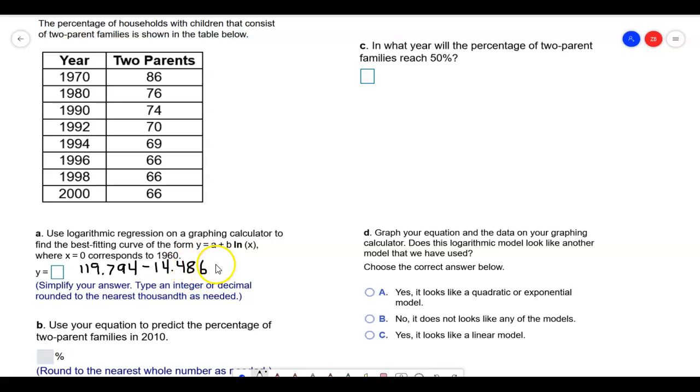And then I'm just going to put natural log, so ln. When you type in ln in MyMathLab, it automatically darkens that ln because it knows it's the natural log. Then I'm going to do open parentheses, type in x, close parentheses, and that's it. Hit enter, and it should take this equation because it's in that form right now. So that's the regression equation for the natural log. All right.